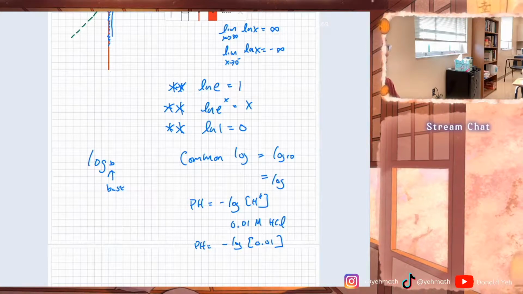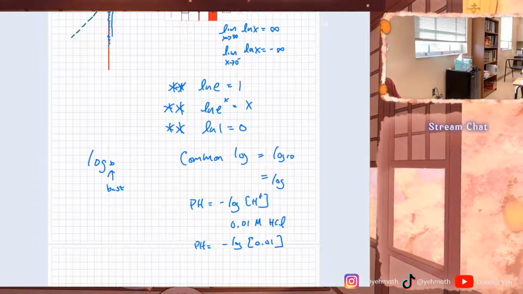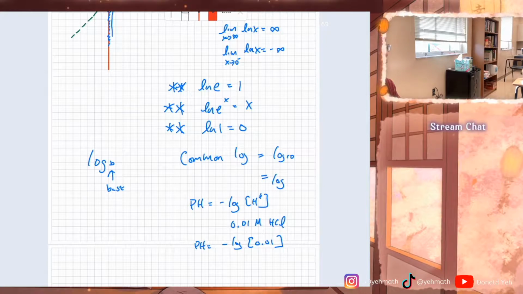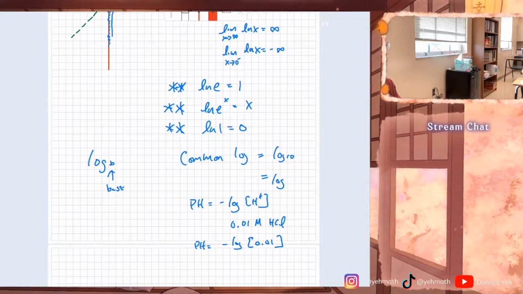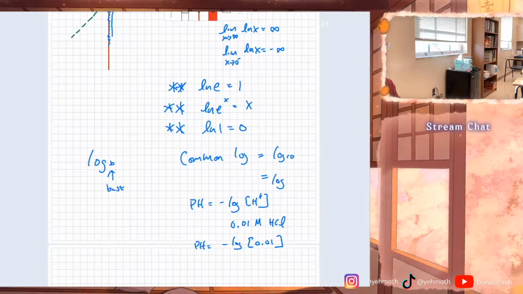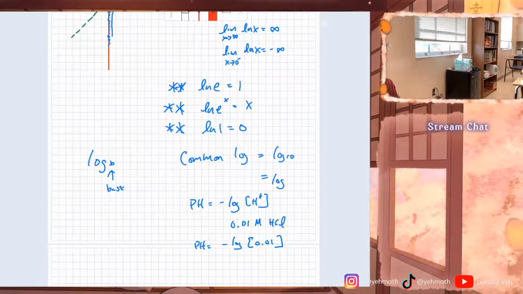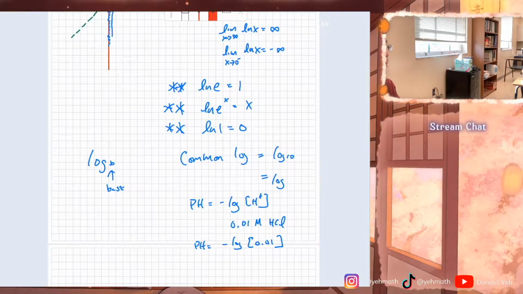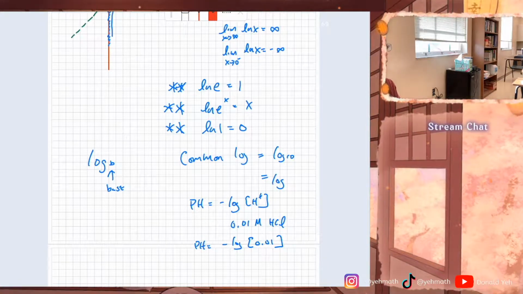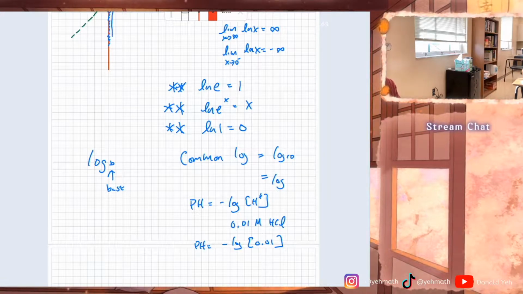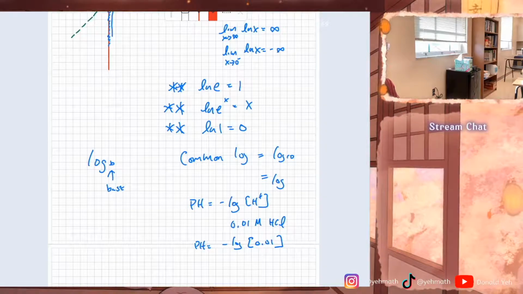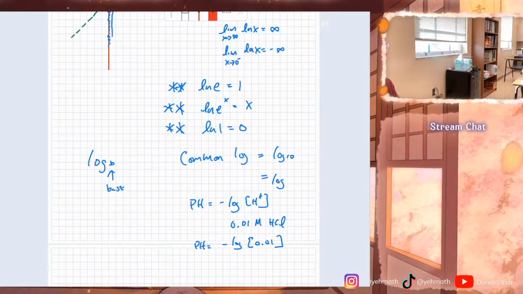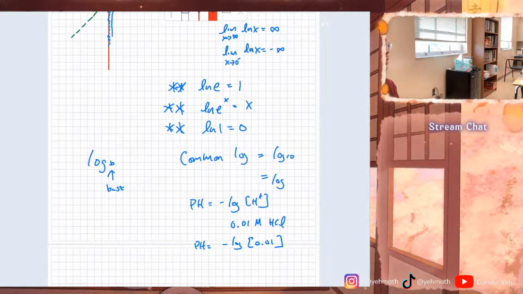Those of you who take chemistry, is hydrofluoric acid a strong acid or a weak acid? It's a weak acid. It's not even a strong base.